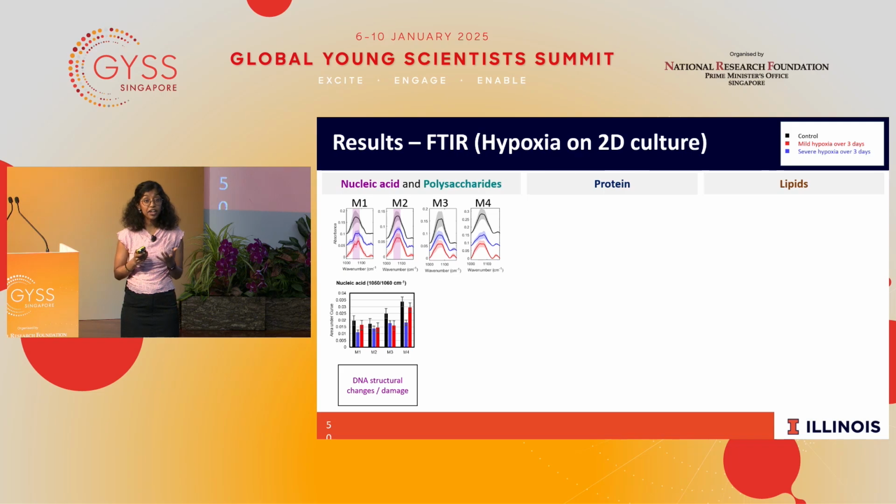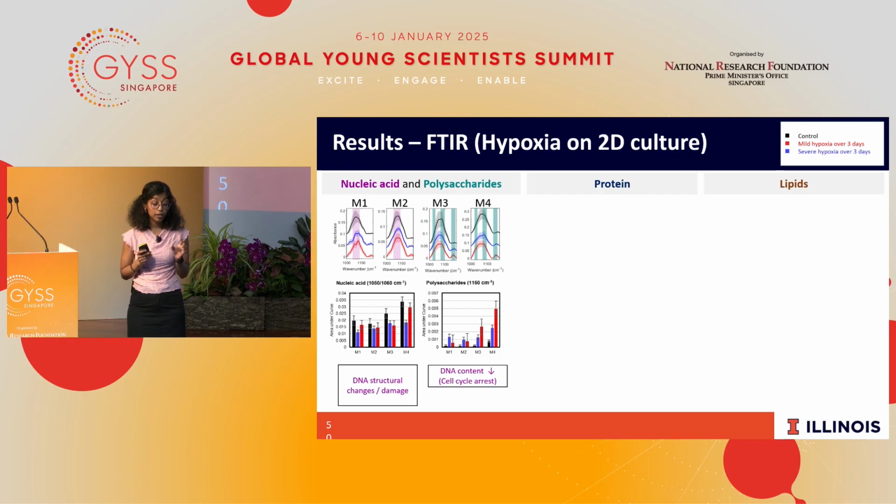When we looked at the area under the curve for these peaks, we also saw a significant downregulation in nucleic acid content, especially in M3 and M4. Furthermore, when we looked at these polysaccharide peaks, we see an upregulation of polysaccharide peaks and emergence of these 3 main peaks, which are representative of glycogen in M3 and M4.